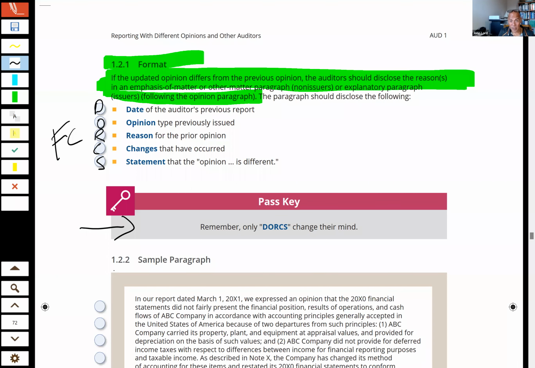And in our opinion, the financial statements present fairly, meaning that you can rely on them. Now, if he believed that the financial statements can't be relied upon, then there should have been an adverse opinion attached that said they can't be relied upon, which I doubt was the case. Anyway, I'll stop there.